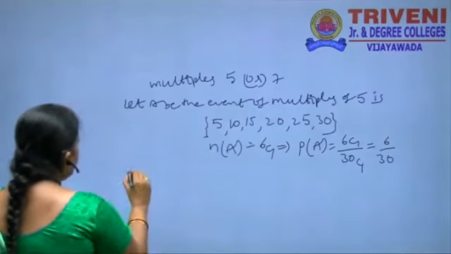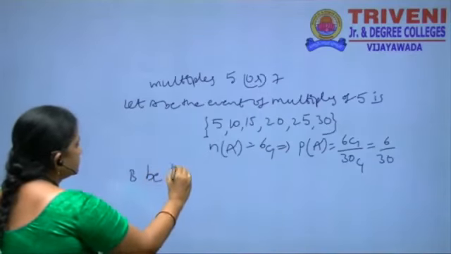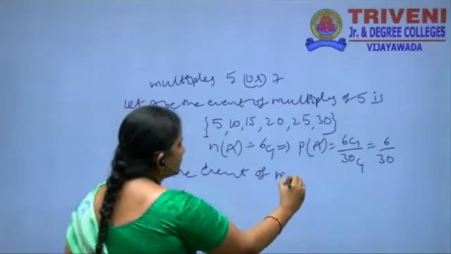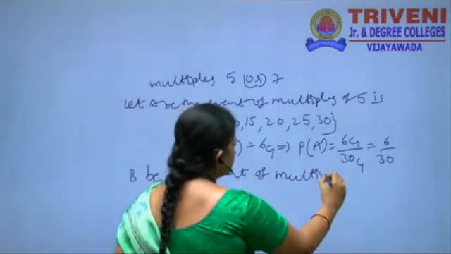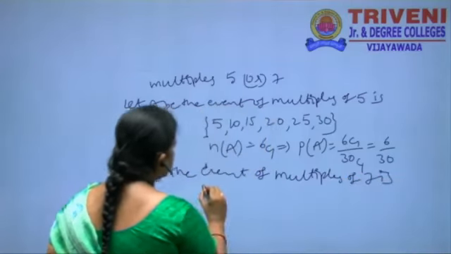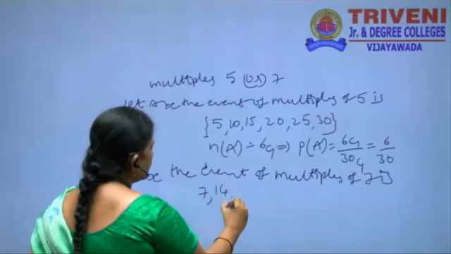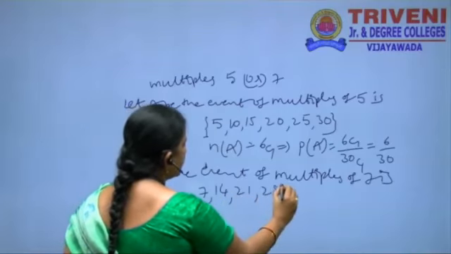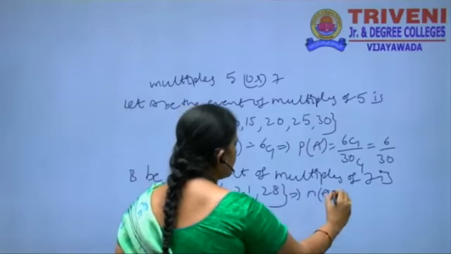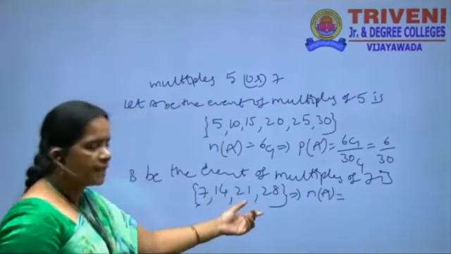And B be the event of multiples of 7. That is 7, 14, 21, 28. Then N of B is equal to how many are there? 1, 2, 3, 4.